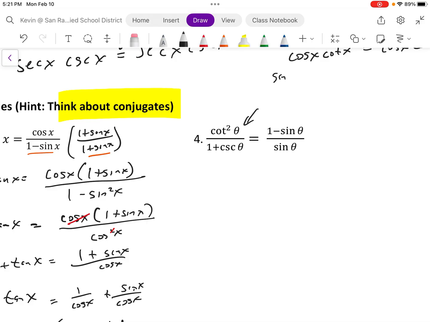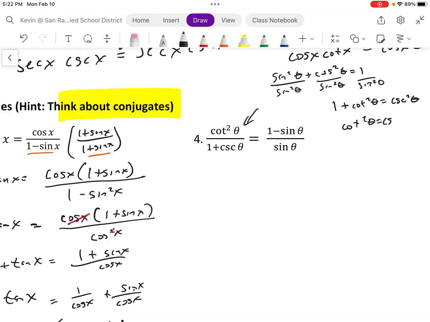When I have sine squared theta plus cosine squared theta equals 1, and I divide everything by sine squared theta, I have 1 plus cotangent squared theta equals cosecant squared theta. So cotangent squared theta equals cosecant squared theta minus 1. So why don't we use this fact and put that in here?